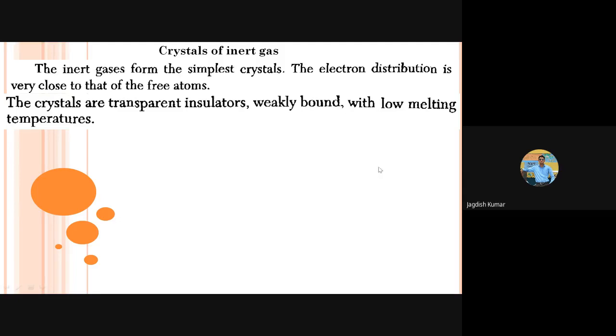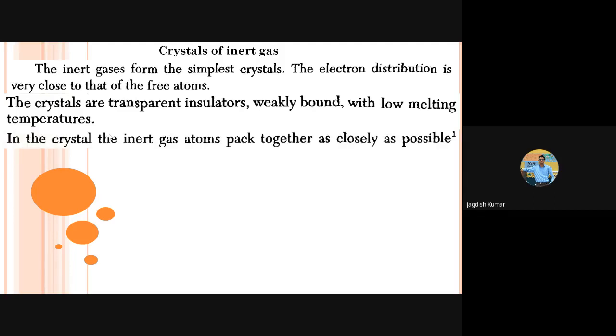So they are weakly bound, and the melting points are very, very low. All these things indicate that the crystals of inert gases must be very weakly bound crystals.